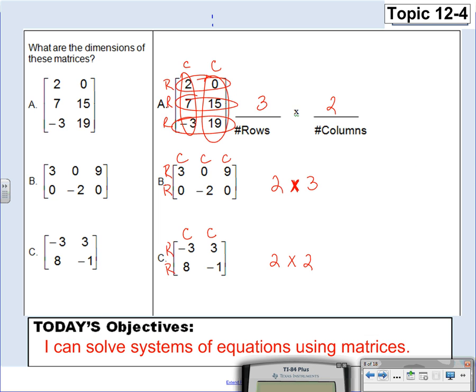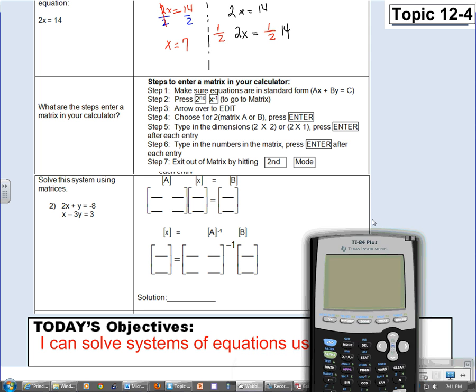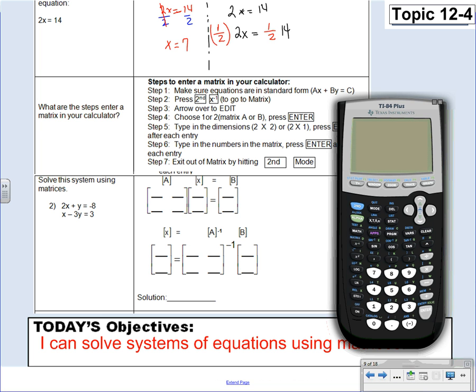So let's look at another way that we can do this problem without dividing. Starting off with 2x equals 14. Well, before I divide by 2, what if I multiply both sides by 1/2? So instead of dividing by 2, I'm multiplying both sides by 1/2. If I use my calculator, I can see this should give me the same answer. If I multiply 1/2 times 2, I should get a 1, and I'm left with x.